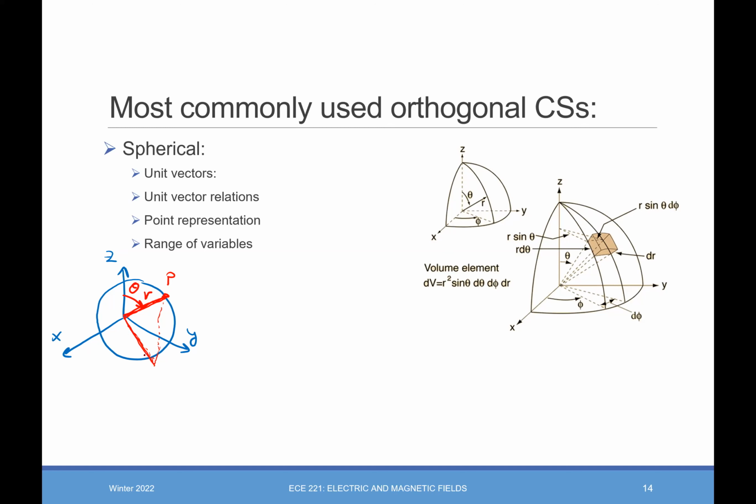On the XY plane, similar to the cylindrical coordinate system, we can define an angle phi. Can somebody tell me, if this is R and this angle is theta, how much is the projection of this line on the XY plane?